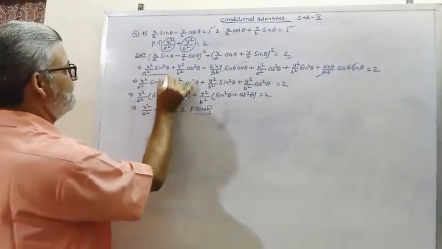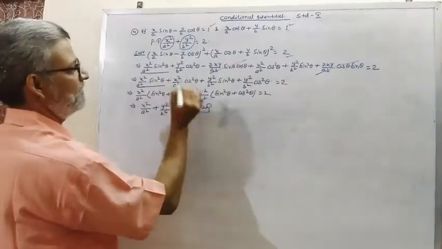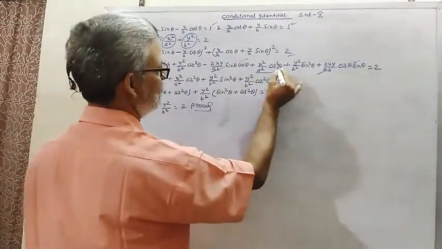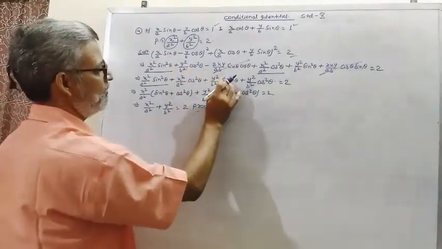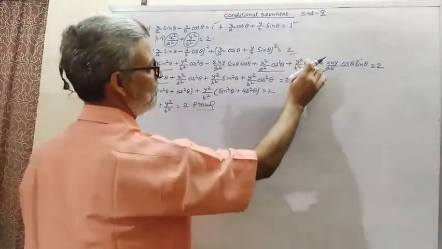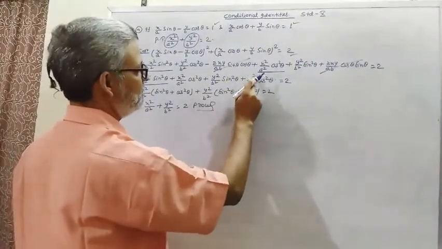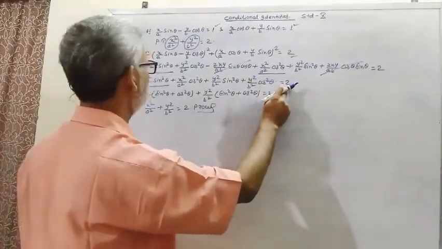x²/a² sin²θ plus x²/a² cos²θ, write down together, and y²/b² sin²θ plus y²/b² cos²θ is equal to 2.